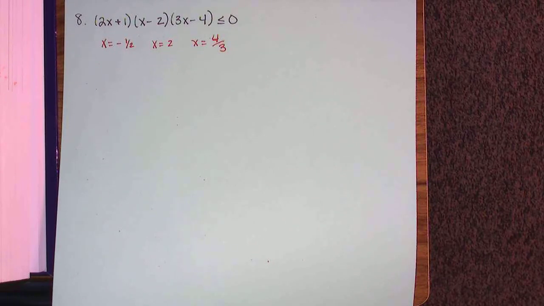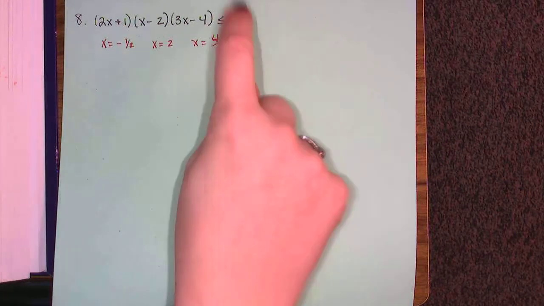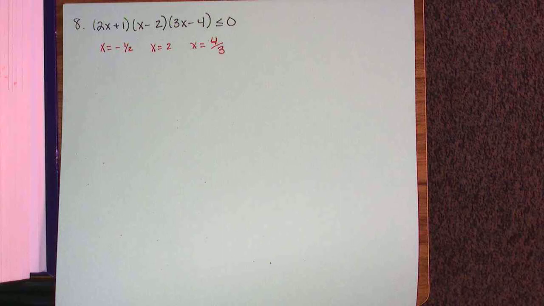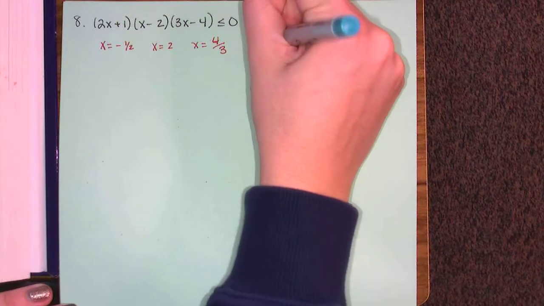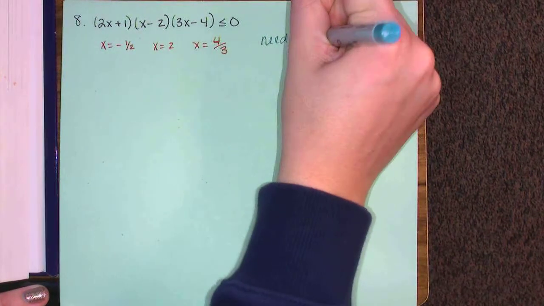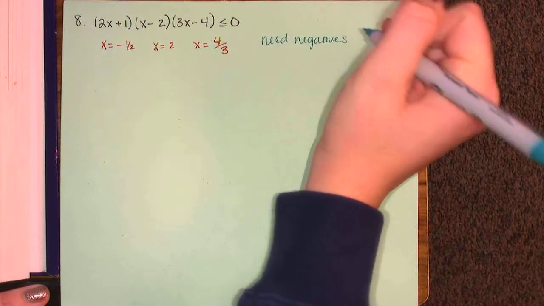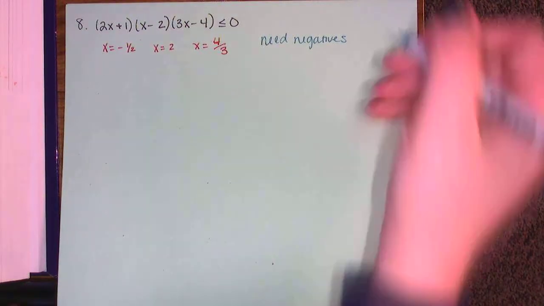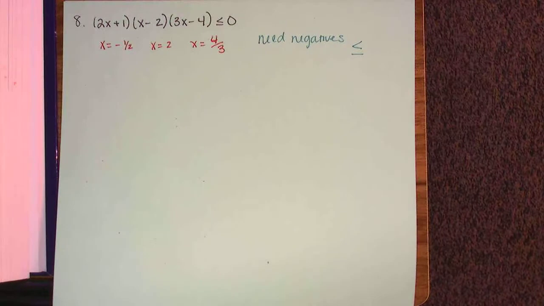Am I looking for negatives and positive, just negative? Which ones do I need to make it less than or equal to 0? Negatives. Okay, I need only the negative ones for this one, because it's less than or equal to.